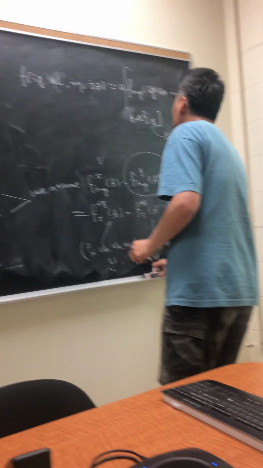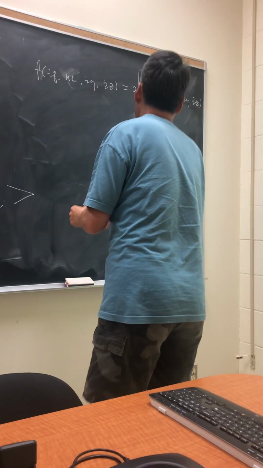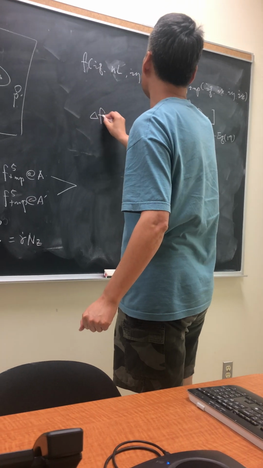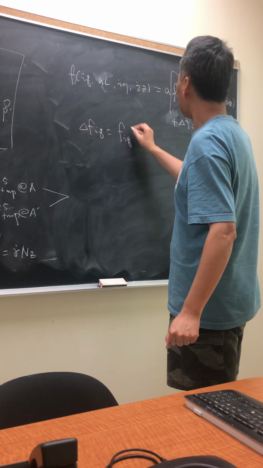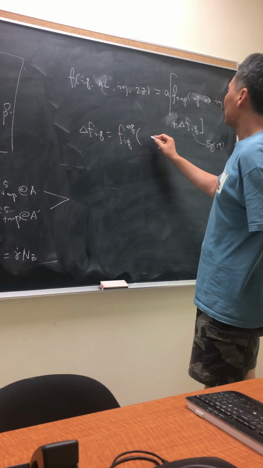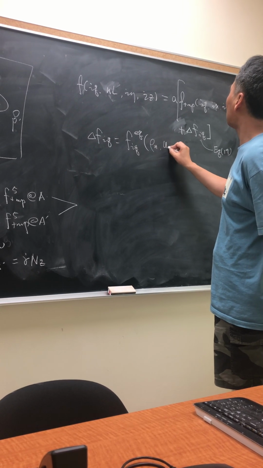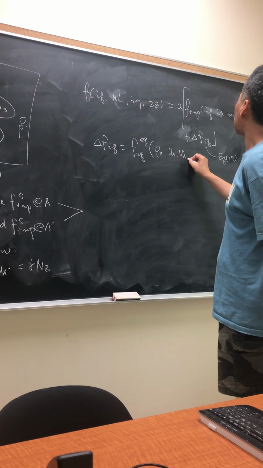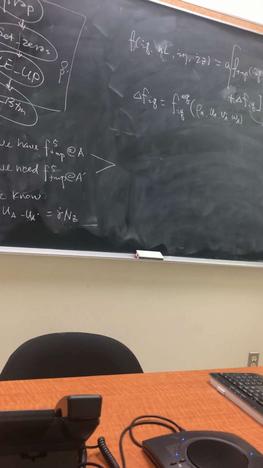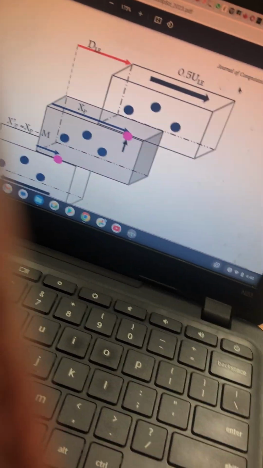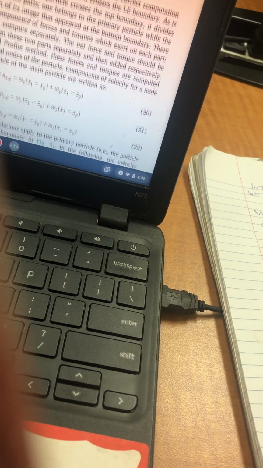And the delta F is the F IQ equilibrium with the density at A, U A, V A, W A. This is the original one with the new velocity, so it should be in the reverse way.